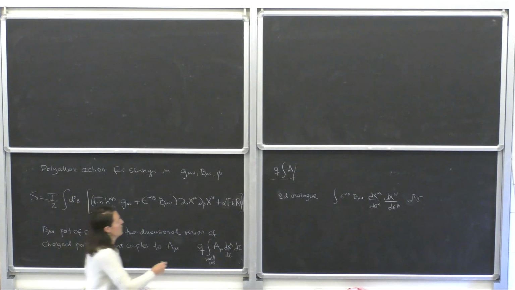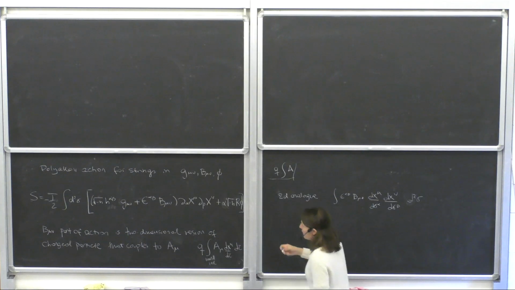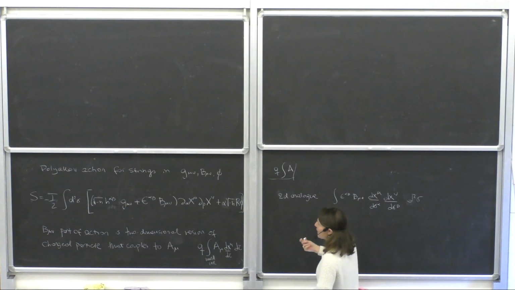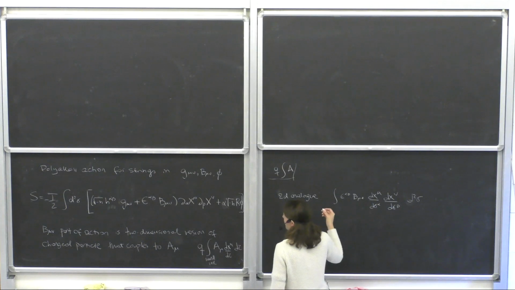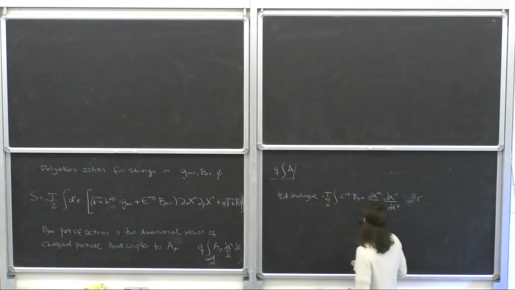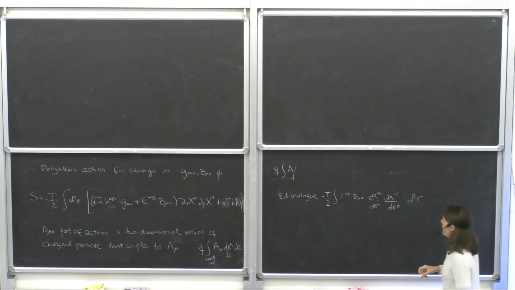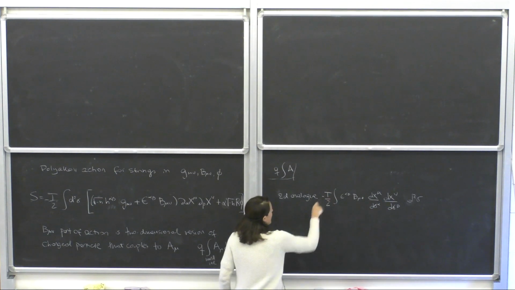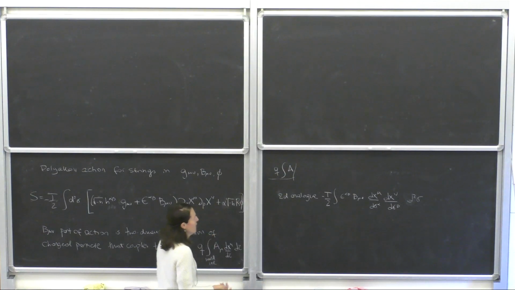So the 2D analog is this, where here you will have the charge, and in this Minkowski signature you have a minus sign. The charge per unit length is the same as the mass per unit length.